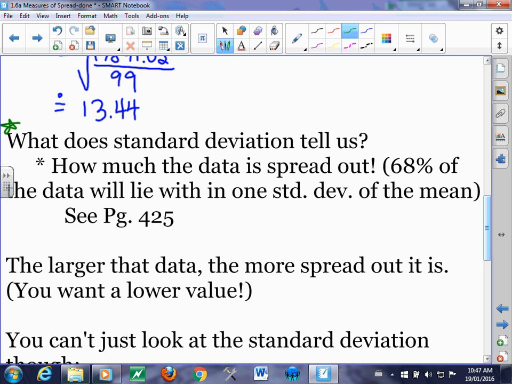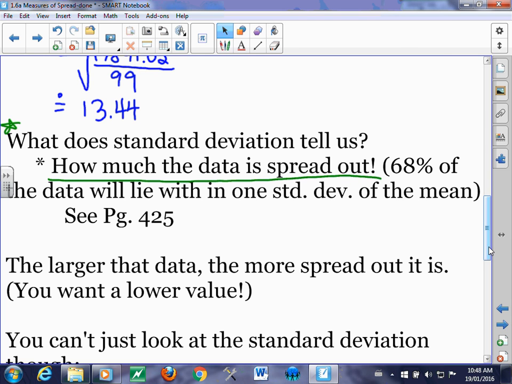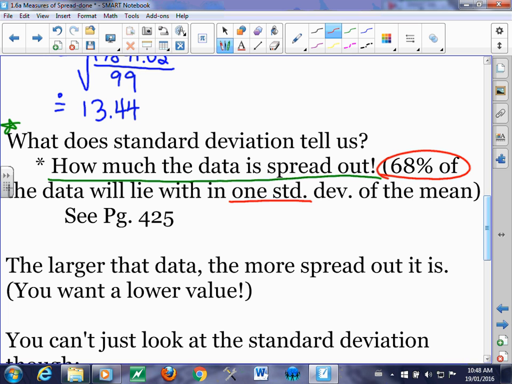Now, this is what I want you to write down. What does standard deviation tell us? How much the data is spread out. What you need to know is that 68% of the data lies within one standard deviation of the mean. This will make more sense if you take a look in your textbook at page 425.